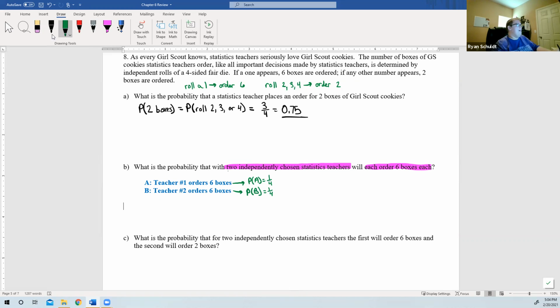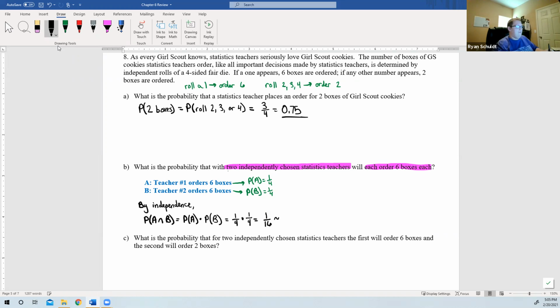So now it tells us they're independent. So by independence, the probability that A and B occur is the probability of A times the probability of B, which would be 1/4 times 1/4, which is 1/16.